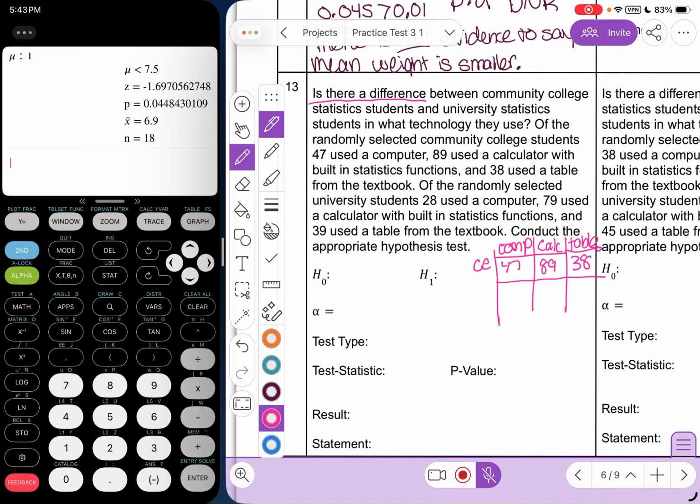Of the randomly selected university students, 28 use a computer, 79 use a calculator, and 39 use a table from the textbook. Conduct the appropriate hypothesis test.